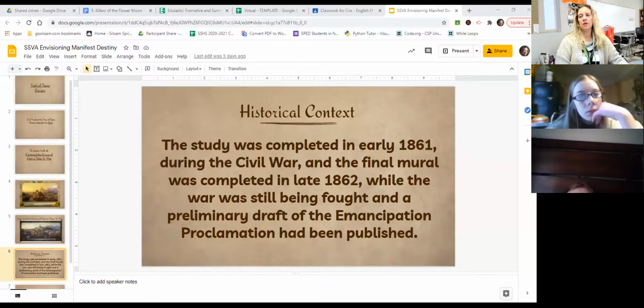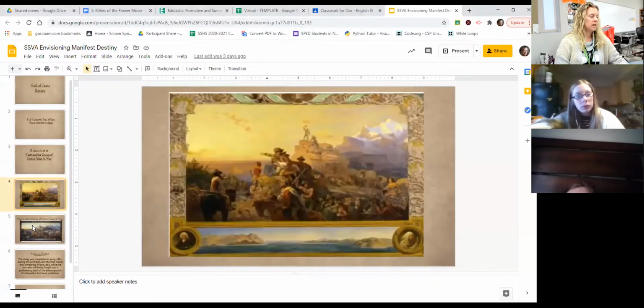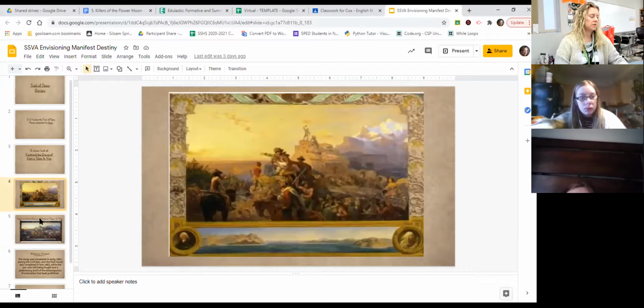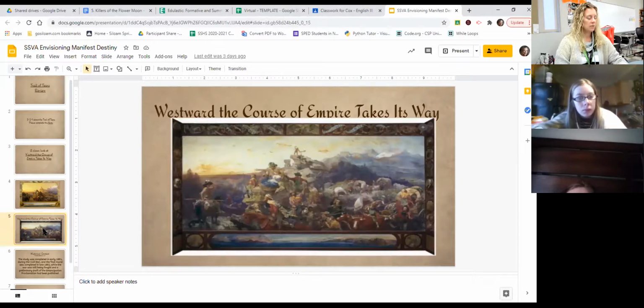So the idea, and I'm going to share my screen with you, is that you're going to analyze artwork. We're going to analyze two pieces of art. These are actually the same painting, just updated at two different times. This one was created in 1861. This one was created in 1862.